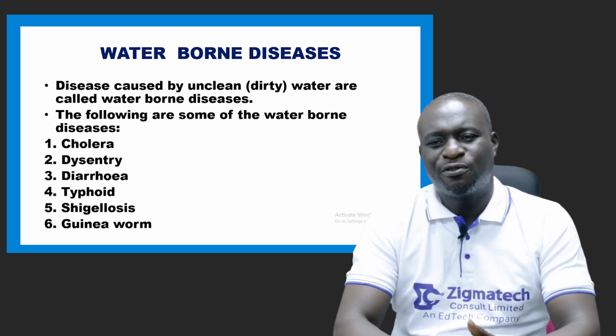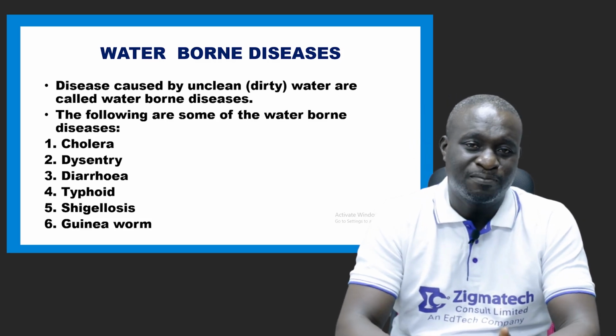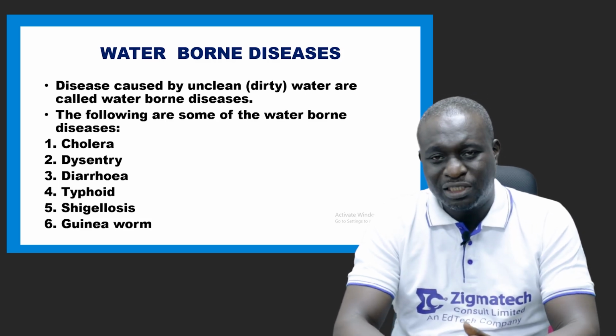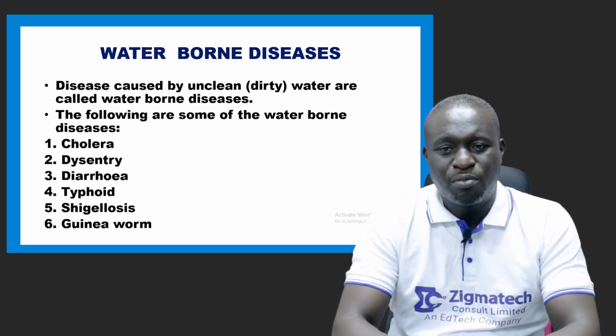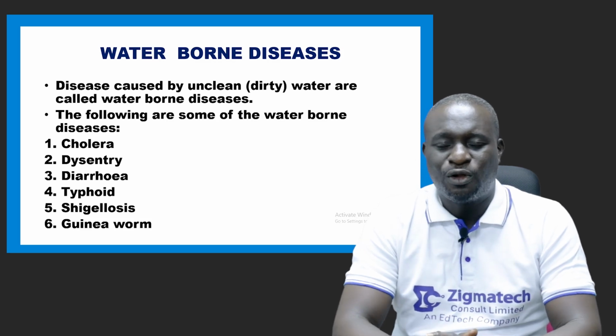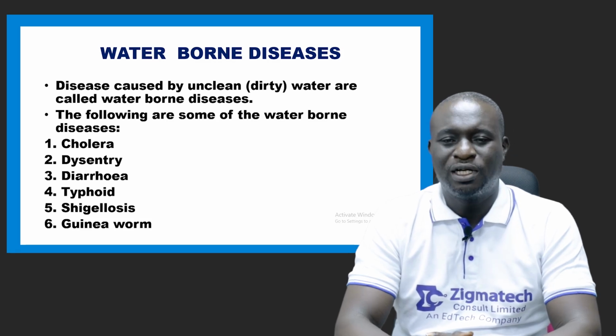Now, we're going to be looking at some of the waterborne diseases. We're going to be talking about cholera. We'll talk a little about dysentery, diarrhea. We'll talk about typhoid. Other waterborne diseases include guinea worm. We also have shigellosis. All these are examples or types of waterborne diseases.